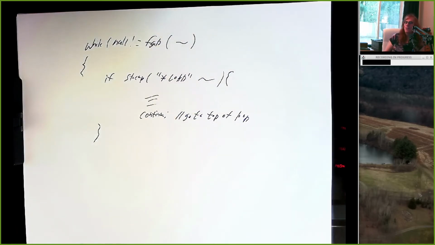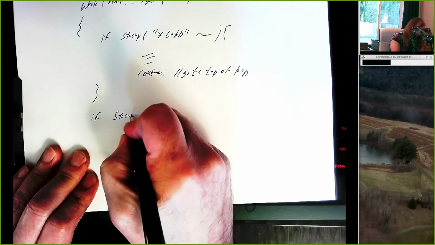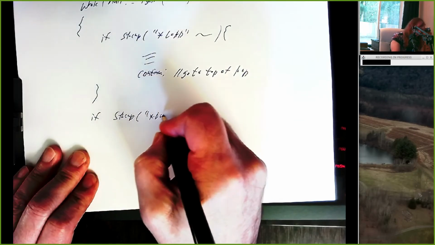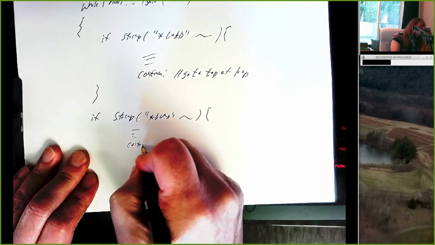Okay, why do we want to do that? Because now I don't need to say else. Now I can just say, new statement, if string compare dump, do a bunch of stuff, continue.